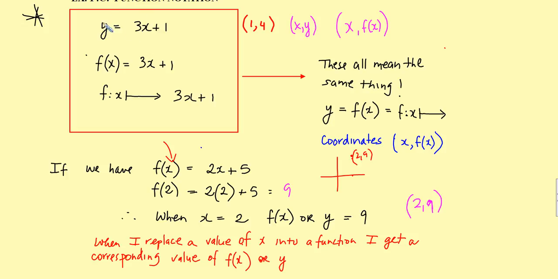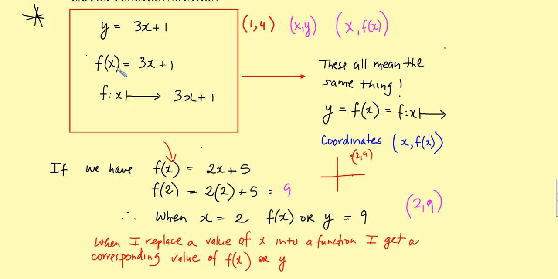So I can write out y equals 3x plus 1. That is considered a form of function notation, how we write out a function. But I could also write y as f of x equals 3x plus 1. And I could also write it as f maps x onto 3x plus 1. So these are all three different ways of writing the same function. It's just three different types of notation though.